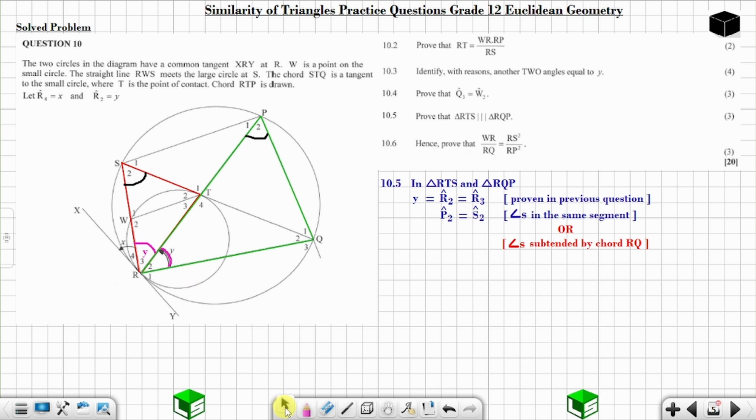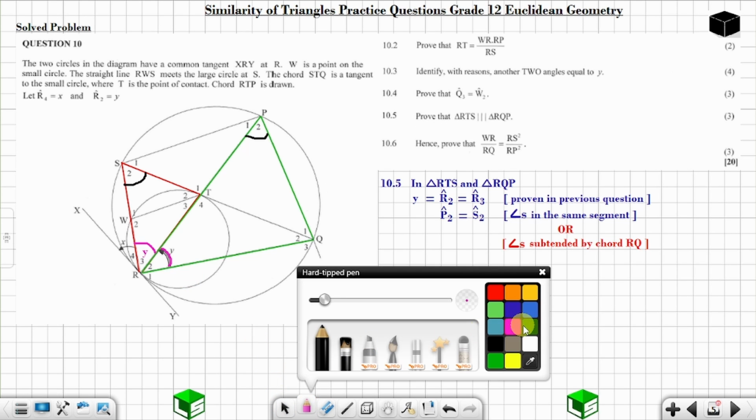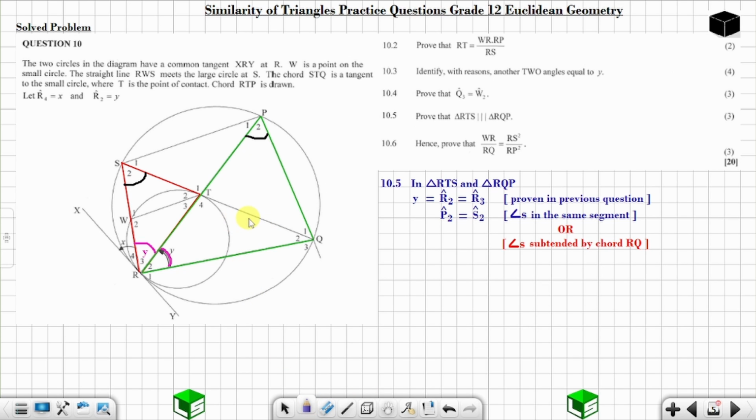So automatically the third angle in this triangle is equal to the third angle in this triangle. So the angle RQP, this angle, is equal to the angle RTS, this angle. The reason you are going to say is sum of angles in a triangle.